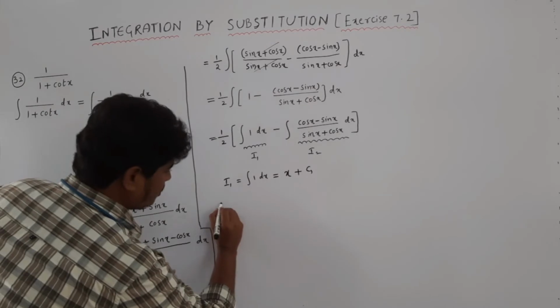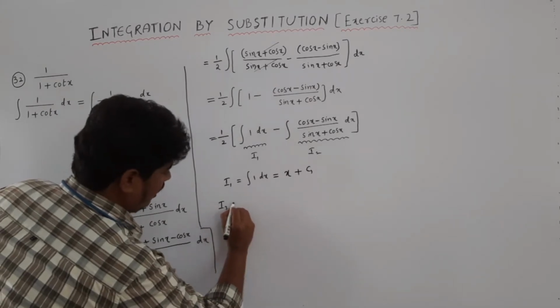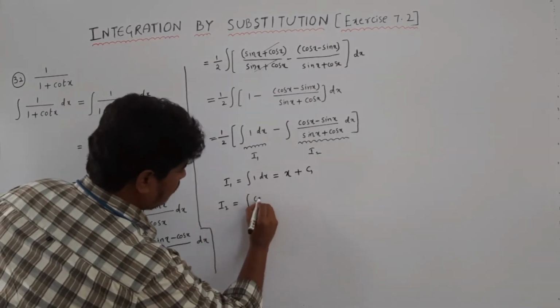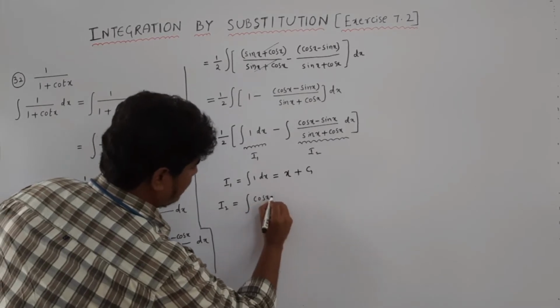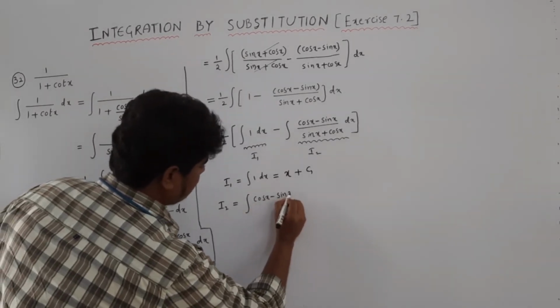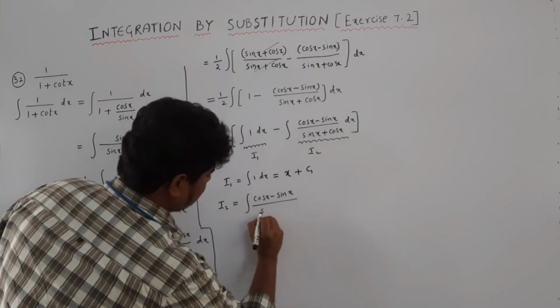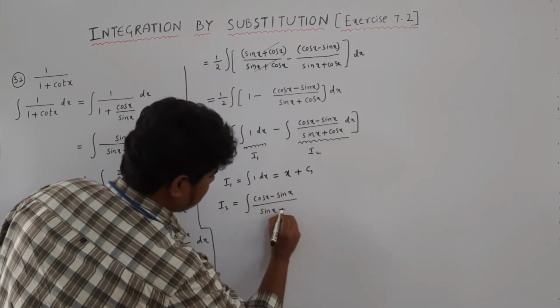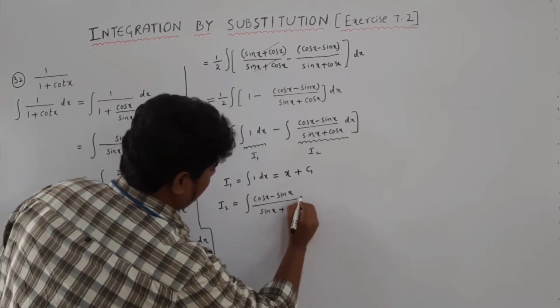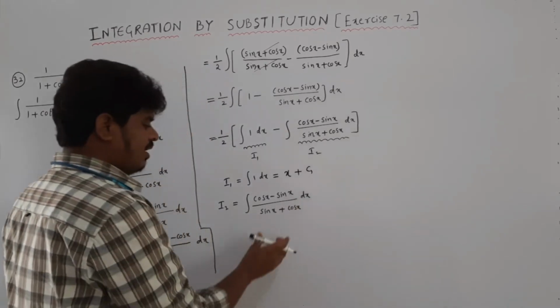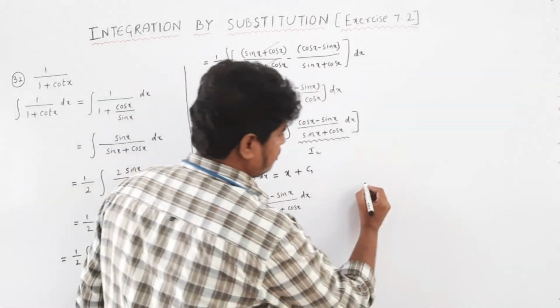Next I2 is equal to the integral of cos x minus sin x divided by sin x plus cos x dx. Take the denominator as t.